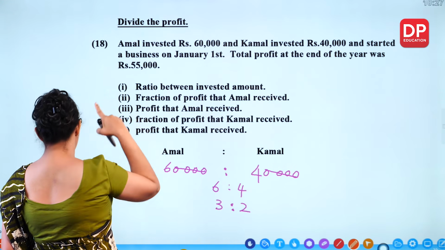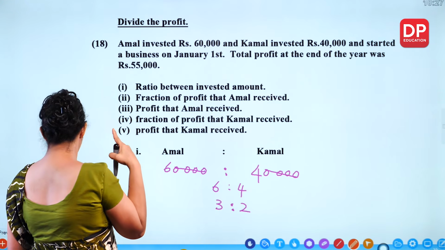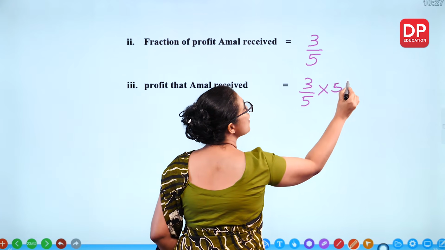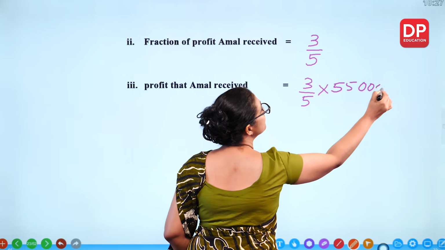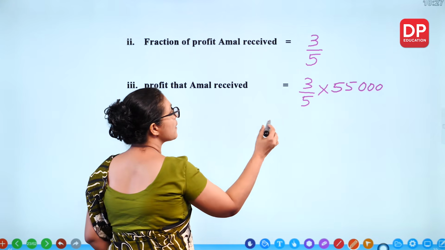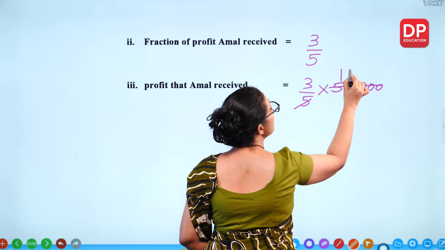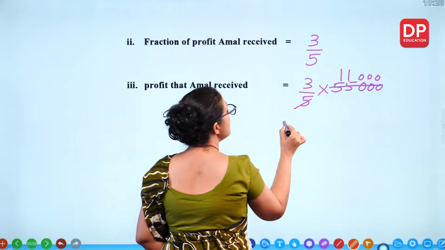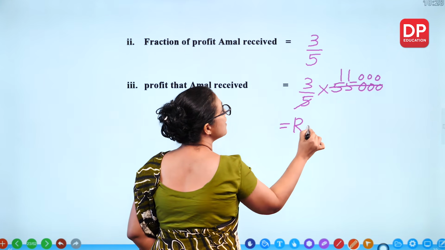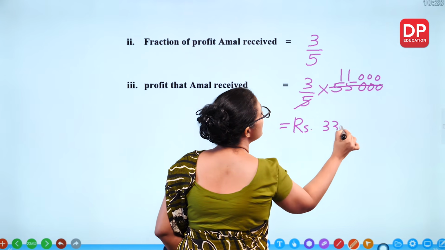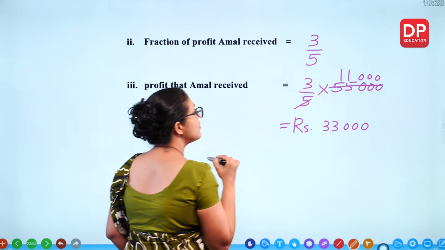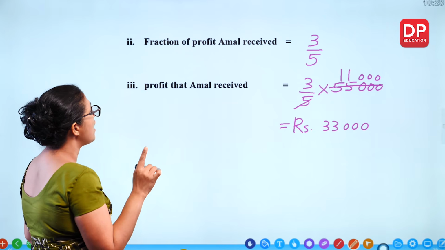The total profit was 55,000 rupees. So multiply by 55,000. Divide by 5, you get 11,000. Multiply by 3, you get 33,000 rupees. That's for Amal.